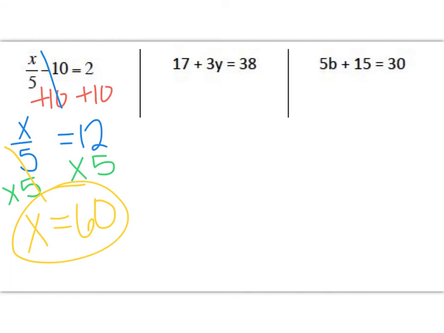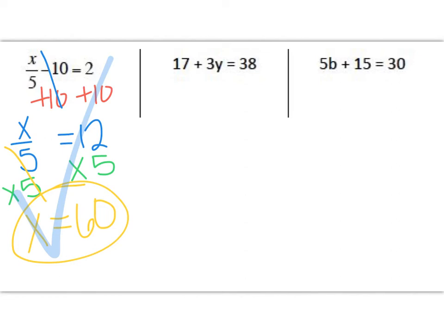So let's see if that works in our check. So x is 60. So let's start here. 60 divided by 5 is 12, and then 12 minus 10 is 2. So this one gets, again, a nice big check.